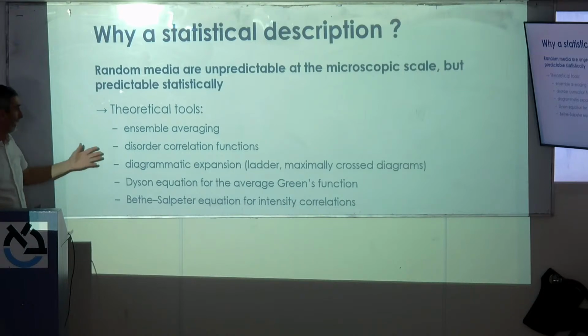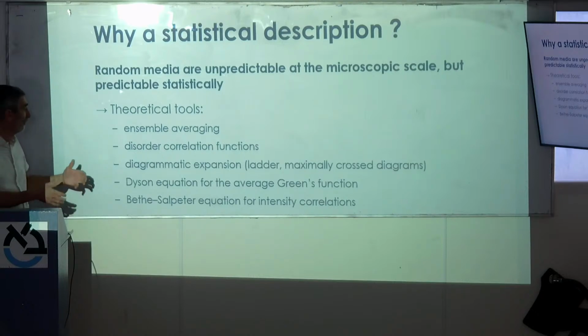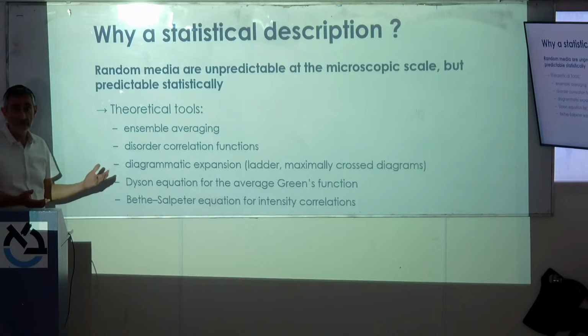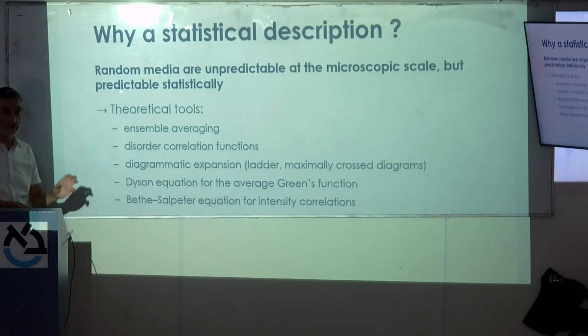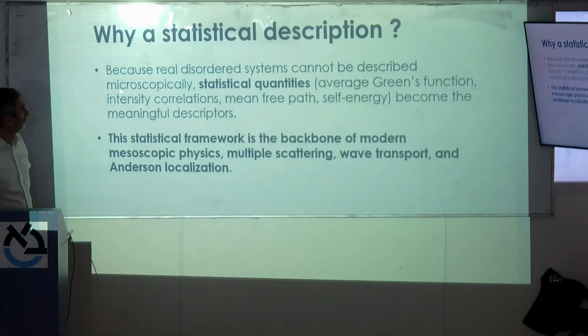So we are dealing with a new environment, a new type of toolbox than the one that we described earlier, describing one particular scattering event. Because real disordered systems cannot be described microscopically, we will define statistical quantities, and those will be the meaningful descriptors of the effect.